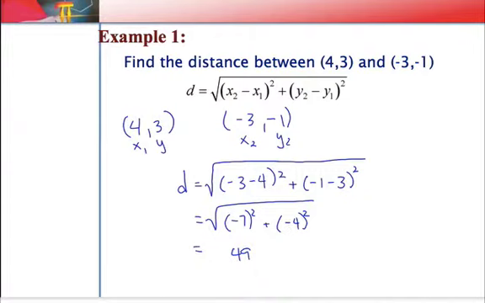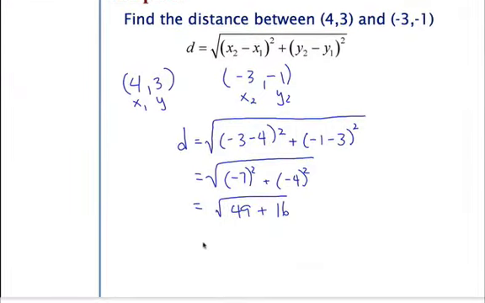Negative 4 times negative 4 is positive 16. So we take the square root of that, and we need to add these two together. 49 and 16, that's 65. So the distance between those 2 points is the square root of 65.